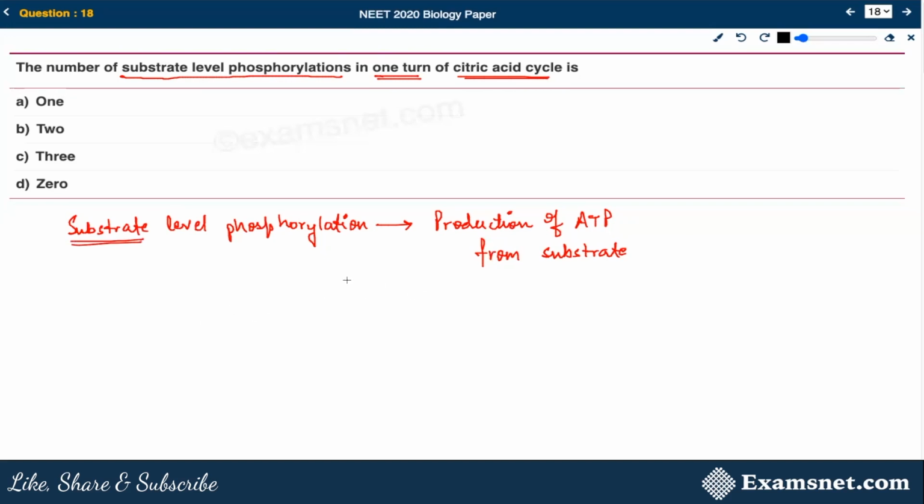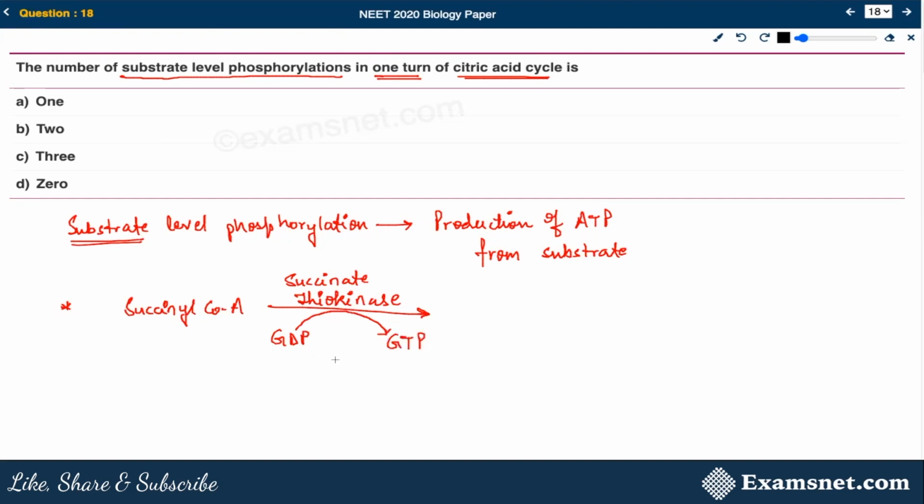All right. So if we write the reaction, the step which produces the substrate level phosphorylation is succinyl CoA in the presence of the enzyme succinate thiokinase. This enzyme catalyzes the reaction and converts GDP, that means guanosine diphosphate, into GTP.